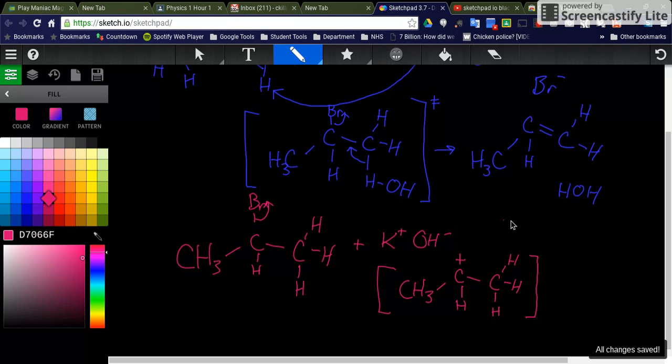And in this scenario, the hydroxide, instead of being drawn towards the positive carbocation like it would in a substitution reaction, it manages to collide with and share electrons with this hydrogen. That allows this pair of electrons to get drawn down here and leave us with our typical double bond that we finish all of our elimination reactions with.